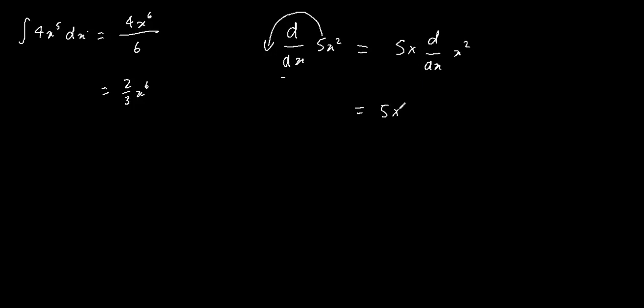So 5 times 2x is just 10x. In a very similar fashion, we can also apply this as 4 times the integral of x to the 5th dx. This gets me 4 times x to the 6th over 6, which is the same answer.